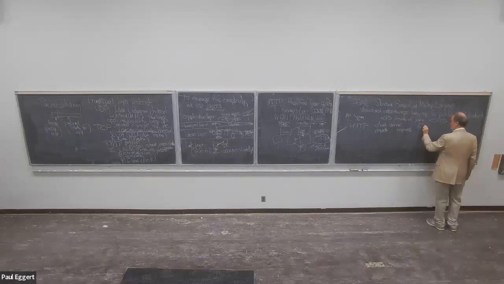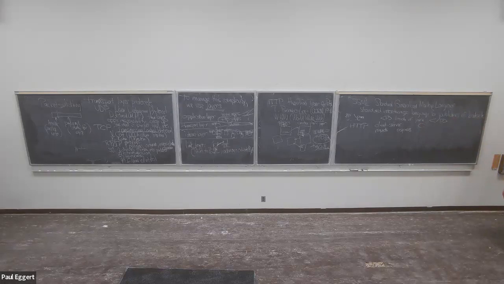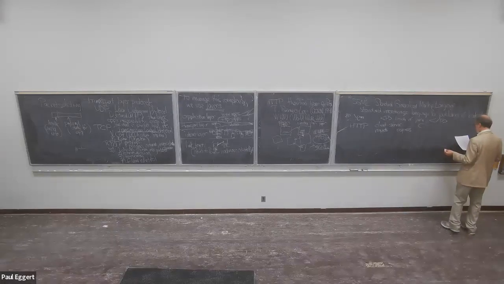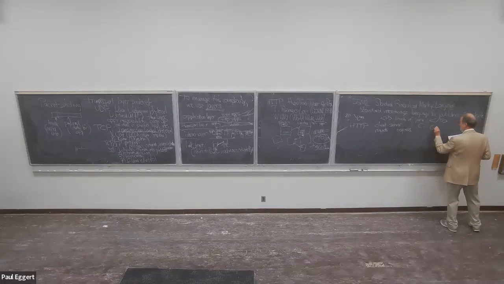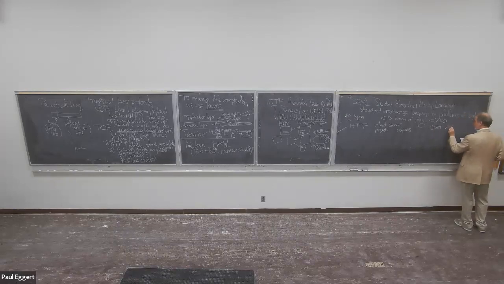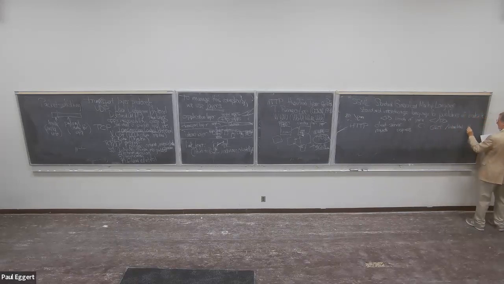So here's an example of a request-response pair. All right, first, you open the connection, and then you say something like this: GET /index.html HTTP/1.1.